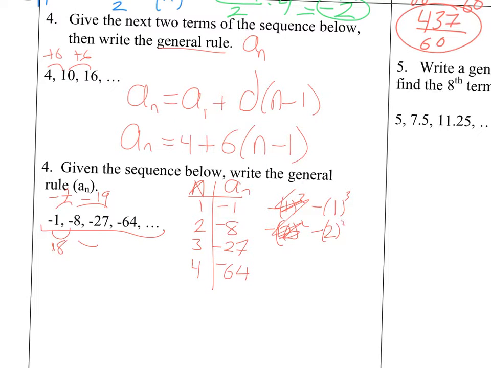Negative 2 cubed is negative 8. Negative 3 cubed is negative 27. Oh, look, I found my rule. So if this is n, this is going to be negative n to the third power. So my rule would be a sub n is equal to negative n to the third power. I also didn't write my next two terms for the upper sequence, which would be 22 and 28.